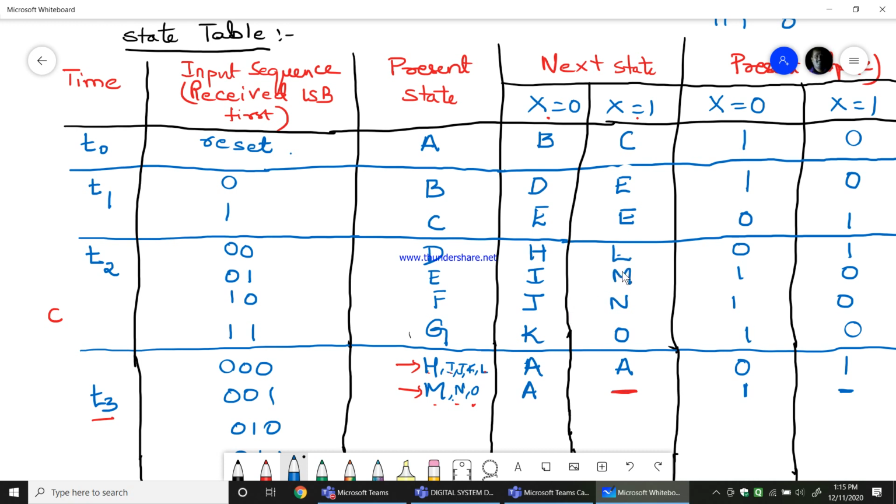H, I, J, K is again H, so therefore I can say this I, J, K as H. Then L is again H, therefore I can say it is H. And M, N, O can be considered as all M, because all three are equal. So I say M.